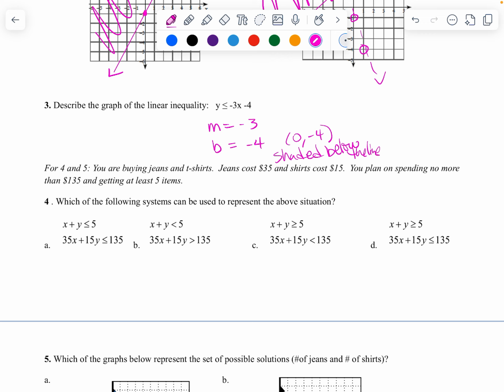If you're buying t-shirts and jeans, jeans cost $35, shirts cost $15. Plan on spending no more than, so that's less than or equal to $135. And you can get greater than or equal to 5 items. So it has to be greater than or equal to 5. So I like that one, greater than or equal to 5, and less than or equal right there.